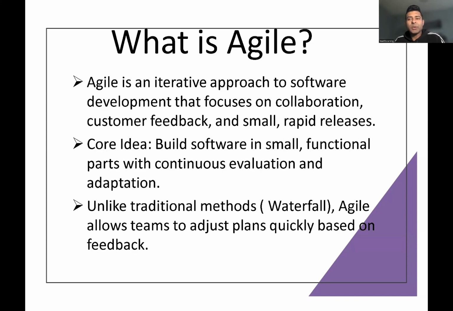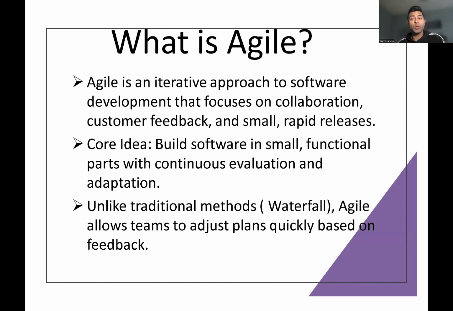So if I start talking about Agile, what is Agile? Agile is an iterative approach to software development that focuses on collaboration, customer feedback, and small and rapid releases. Agile is very popular because it keeps on making the product and keeps on talking to the customer.